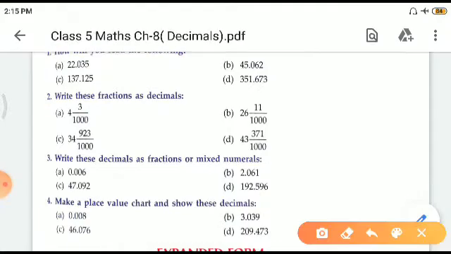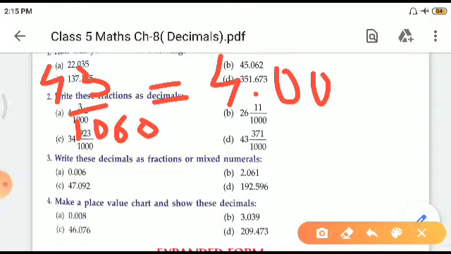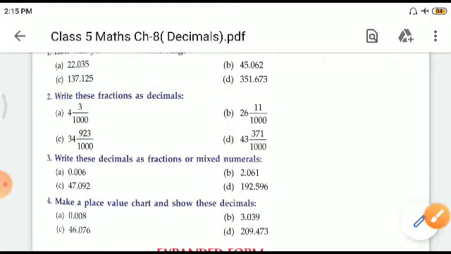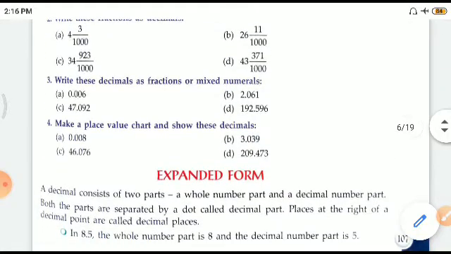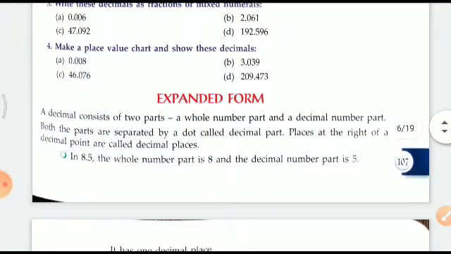Now see, if I have to write this one here, 4 whole number 3 upon 1000, so I will be writing it as 4.003, right? Write these decimals as mixed fraction. 2.061, 2 whole number 61 upon 1000, right? 2 whole number 61 upon 1000.